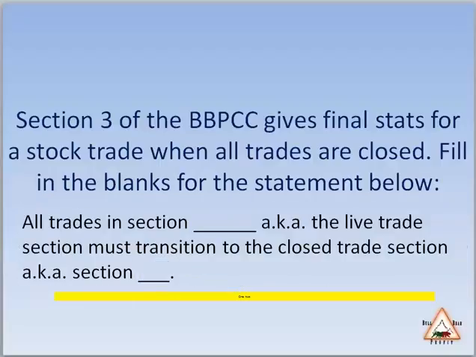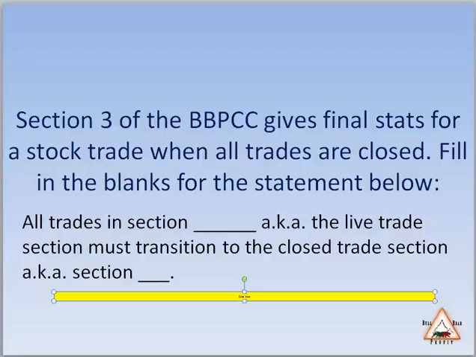Is it your manual entry section? Your entry date, your commission, your fill price. You're correct, but what's that section called? All trades in section what, also known as the live trade section.